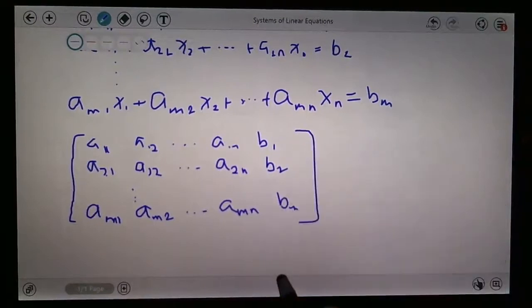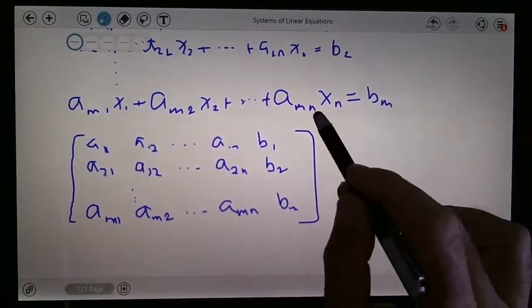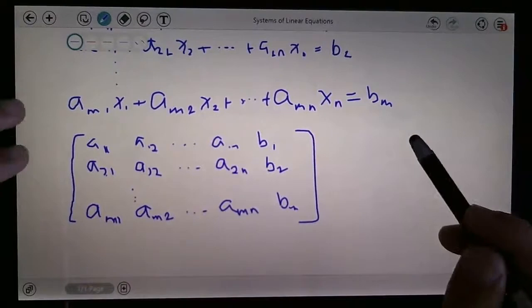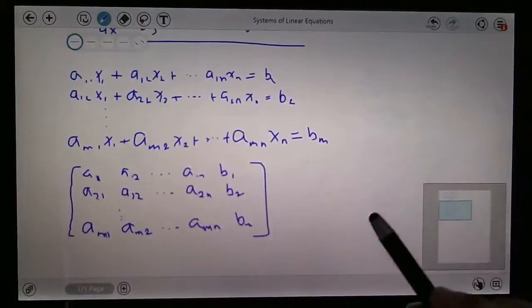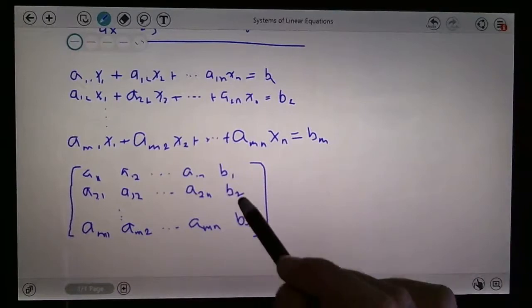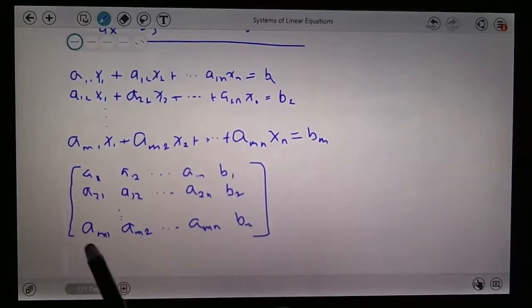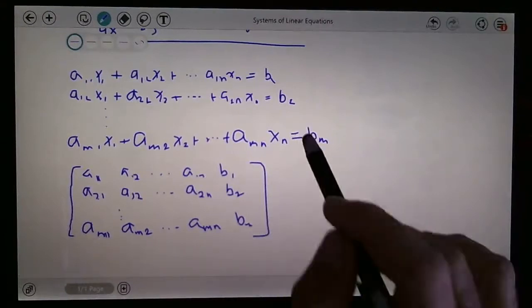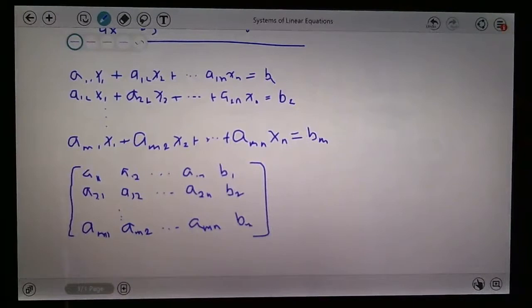So this is what's called the augmented matrix for this system. We will work with matrices in lots of different ways, but this is just the first thing. It just sets it up, makes it a little easier to write, keeps things organized, and you'll see we have nice ways of using the matrix to help find solutions to the system.